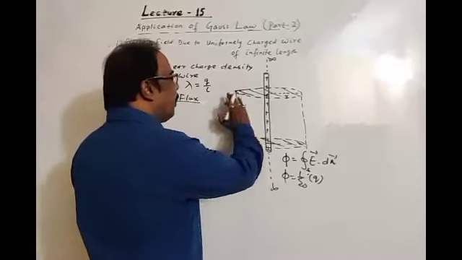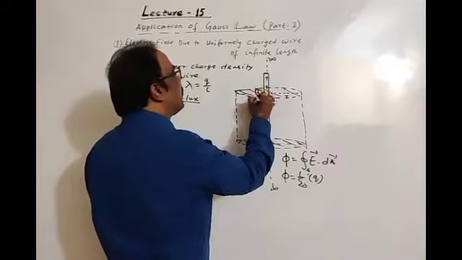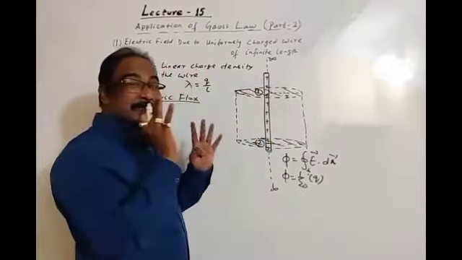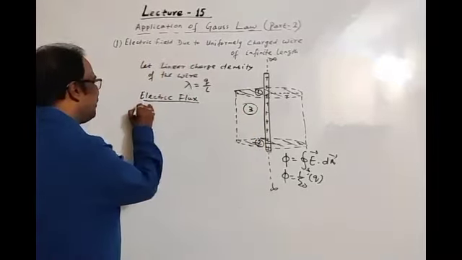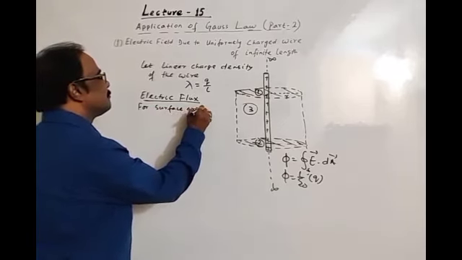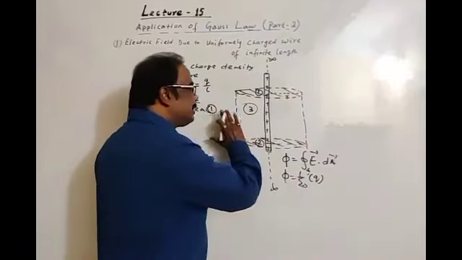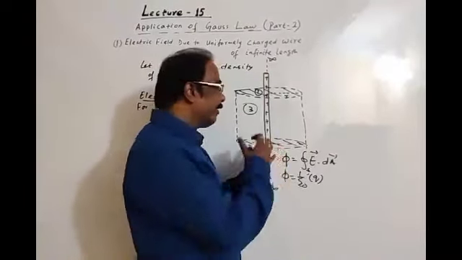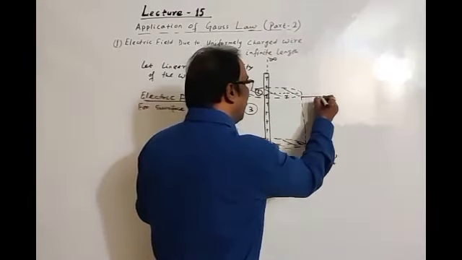Then electric flux through this Gaussian surface. Let's take this as surface 1, this as surface 2, and the whole curved surface of the cylindrical Gaussian surface as surface 3. For surface area 1, students, if this is a positively charged wire, then the electric field all around the wire will be in the outward direction.